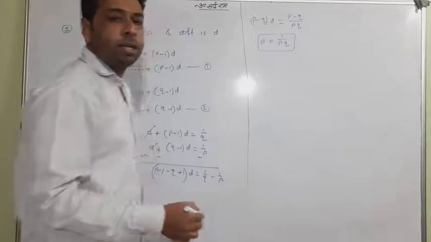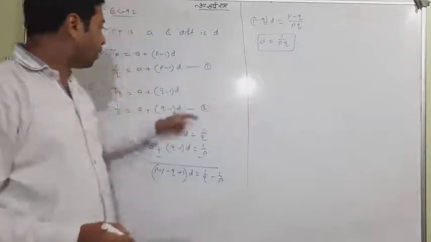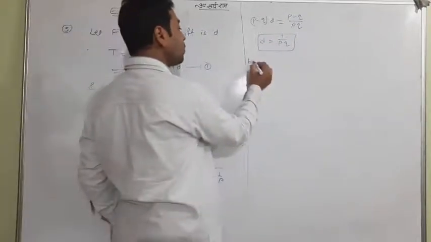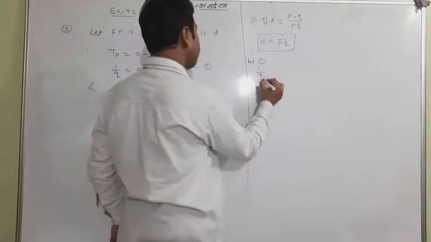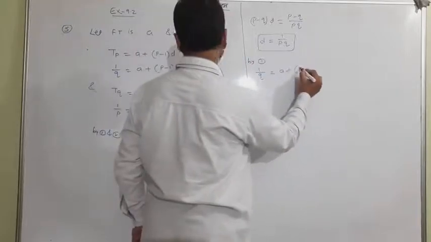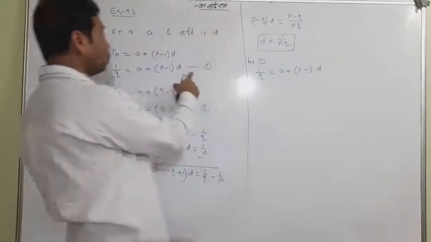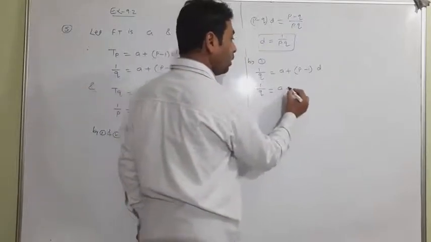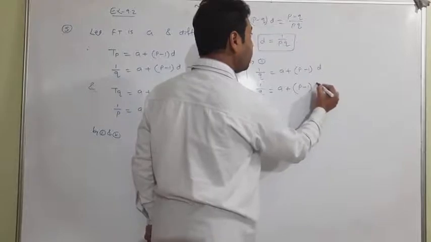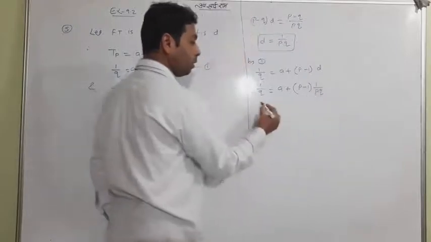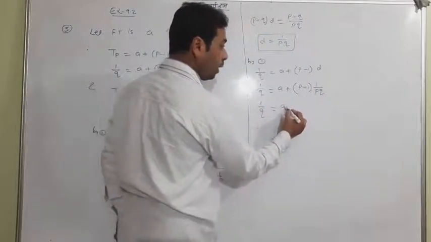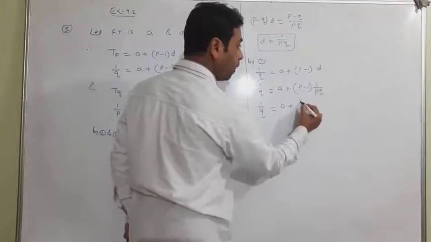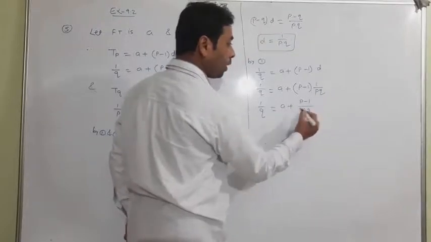This is the d. Now put your d in one of the equations. Suppose I am choosing the first equation: 1 by q is equal to a plus (p minus 1) into d. I will put d here, so (p minus 1) d is (p minus 1) by pq. Can you understand?